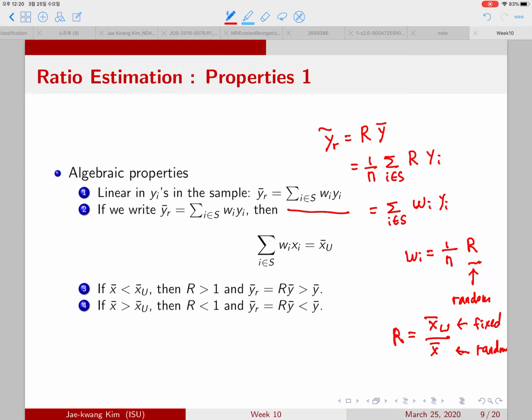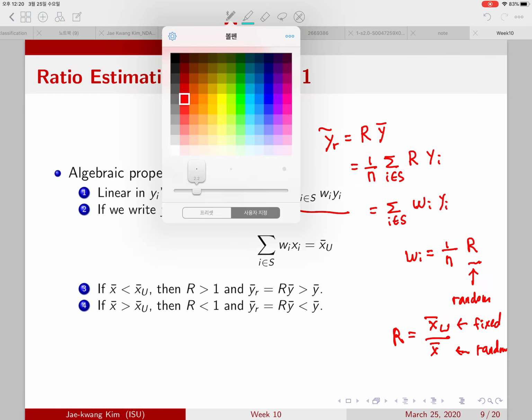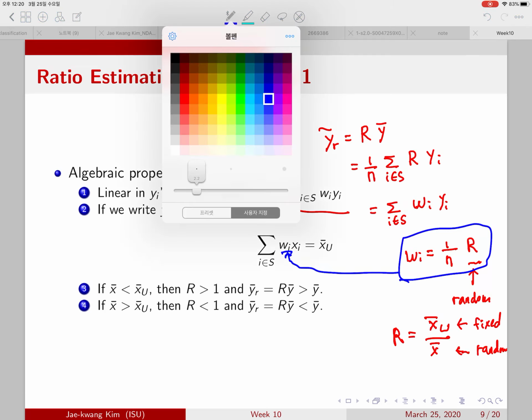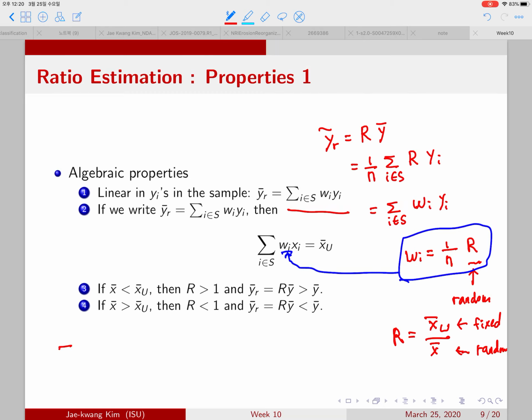So if you apply this weight to x, then sum of Wi xi is 1 over n R times xi.